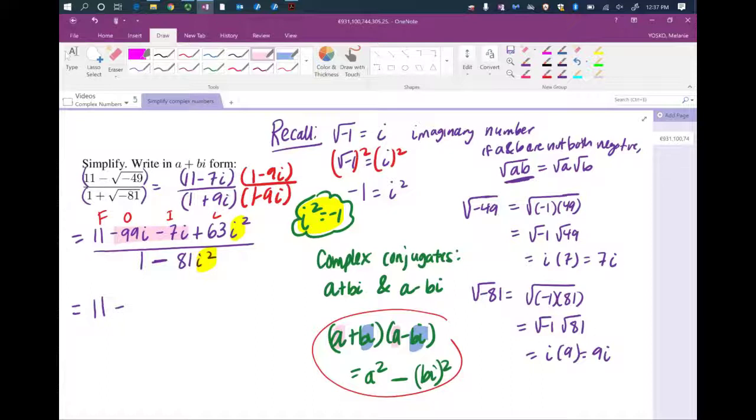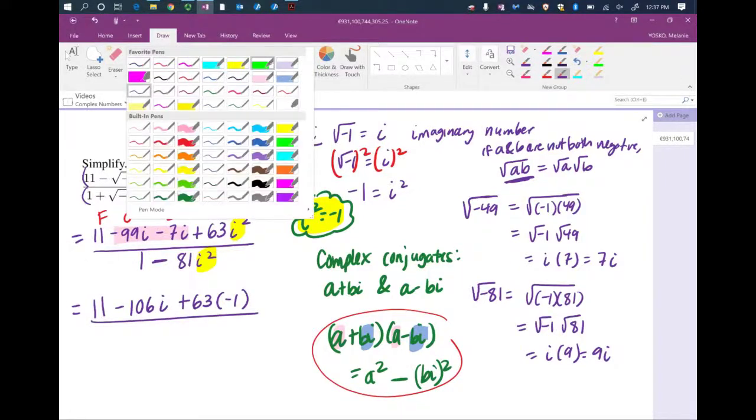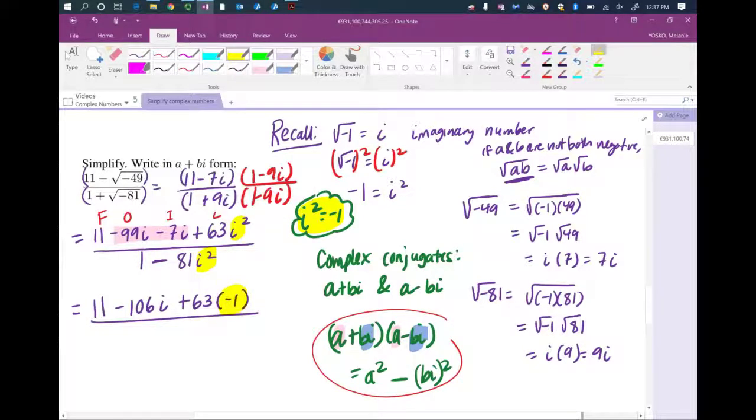So we end up with what? 106? Okay, so negative 106i. Okay, and then here I told you we're going to do 63, and instead of i squared, we're going to put a negative 1. See, that's what we've done right here. Okay, let's continue. On the bottom, I have 1 minus 81, and instead of i squared, what are we going to write? Negative 1. Okay.